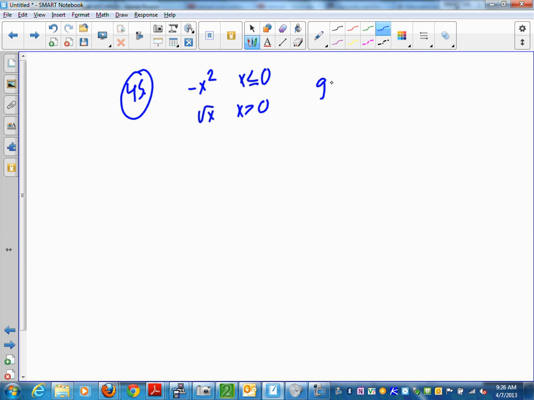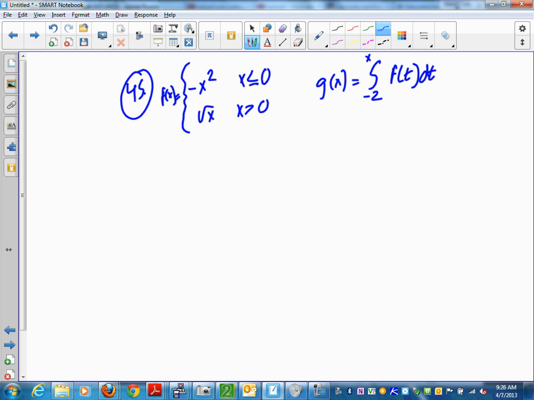They tell you that g of x is equal to the integral from negative 2 to x of f of t, so this function over here with f, piecewise.